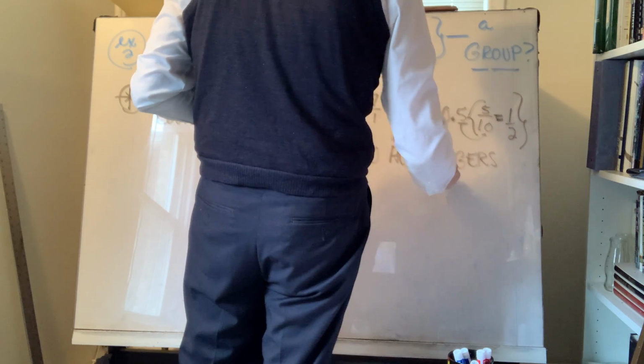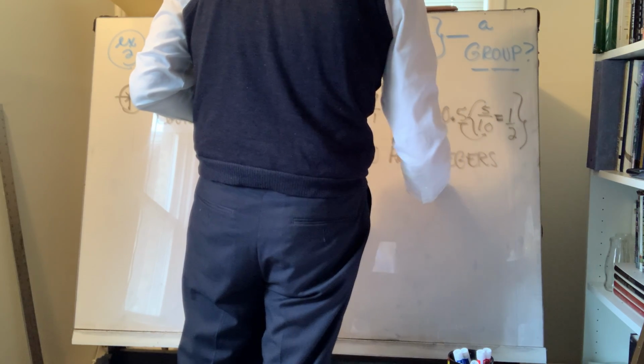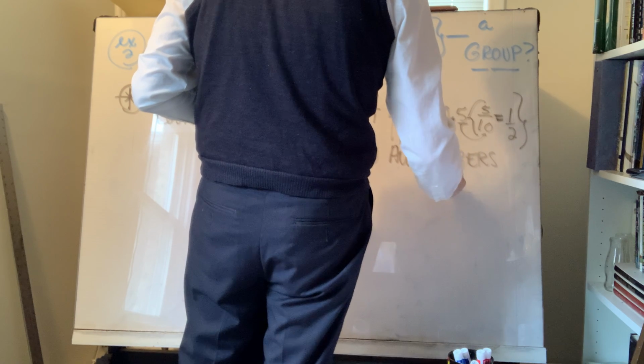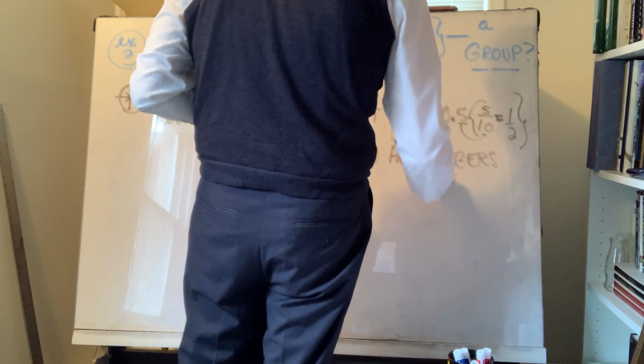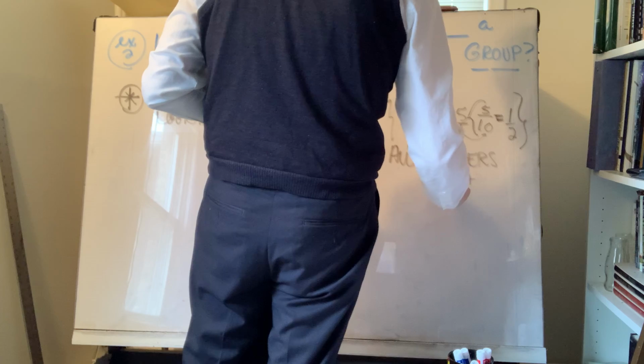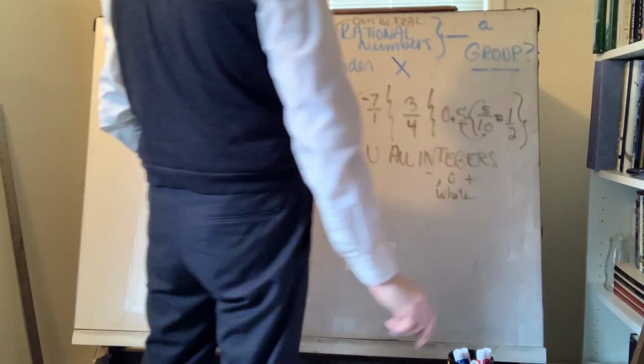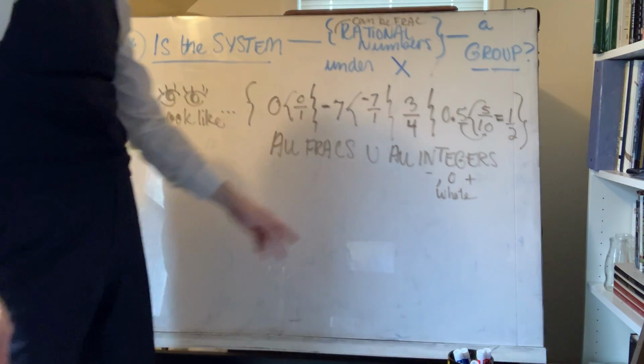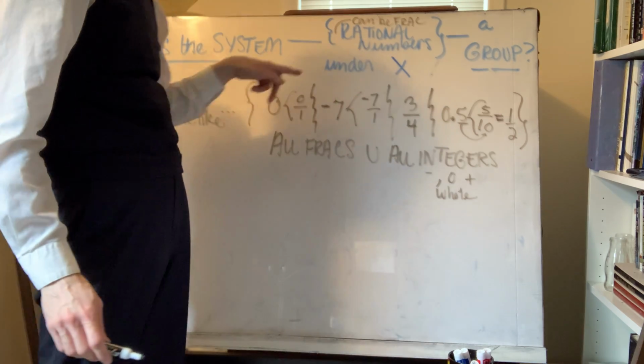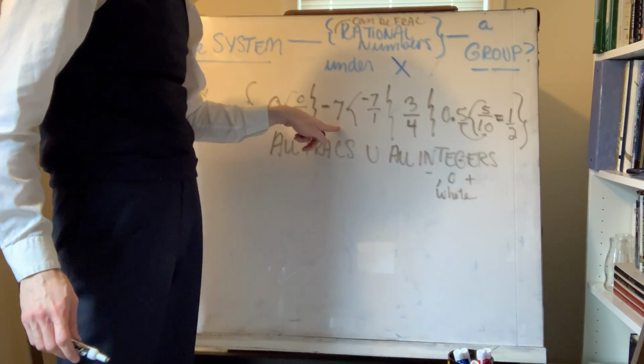Remember, an integer is a positive, a negative, or a 0 whole. So things that don't start out looking like fractions, but can be made to look like them, right?